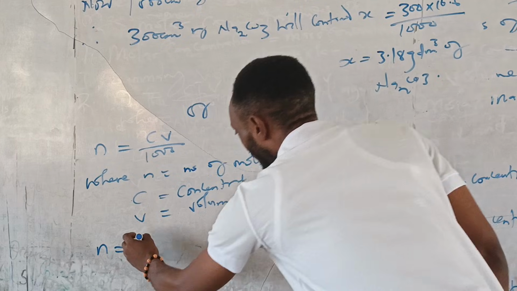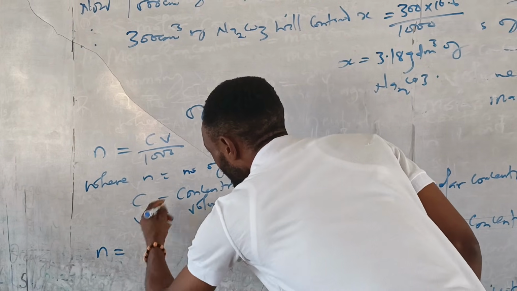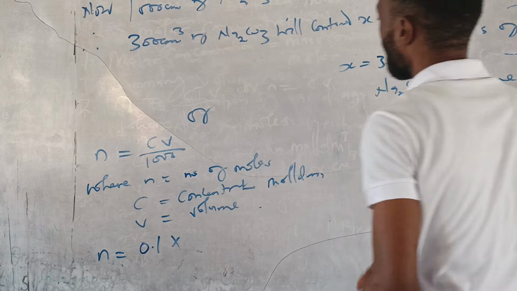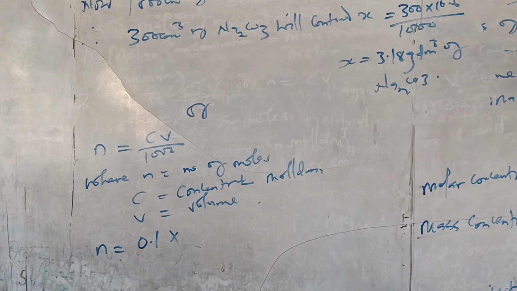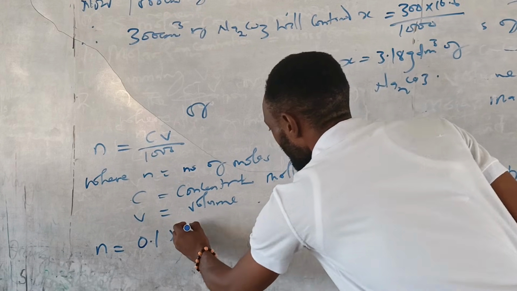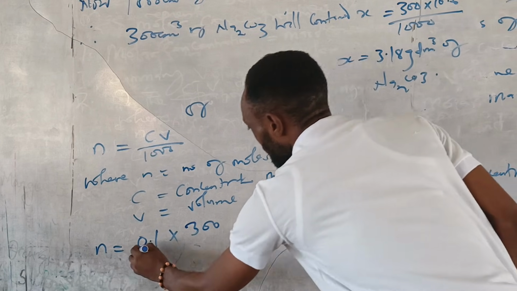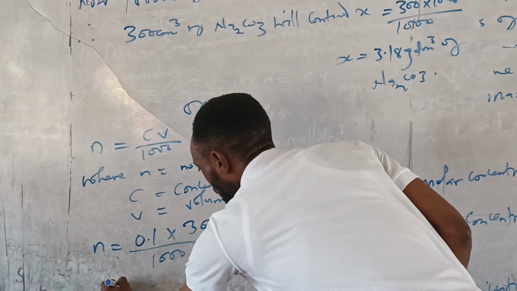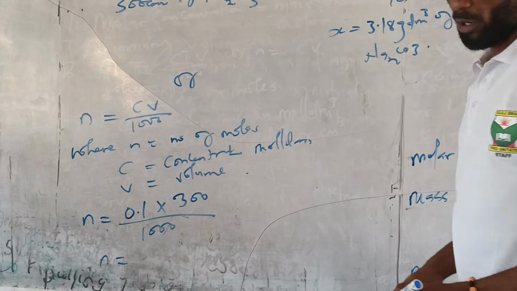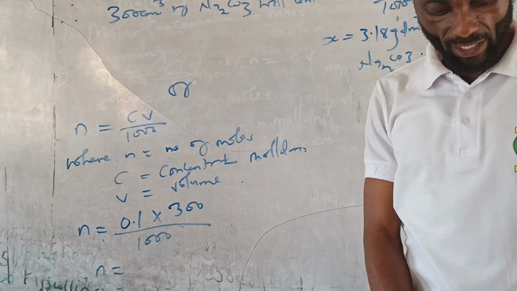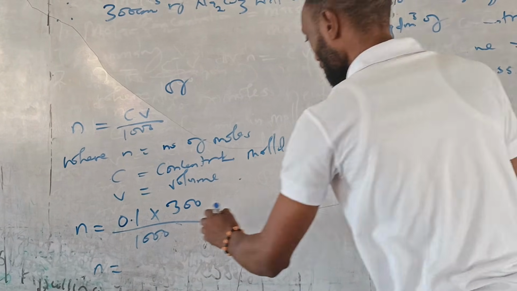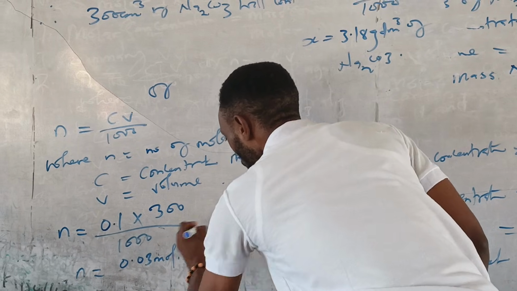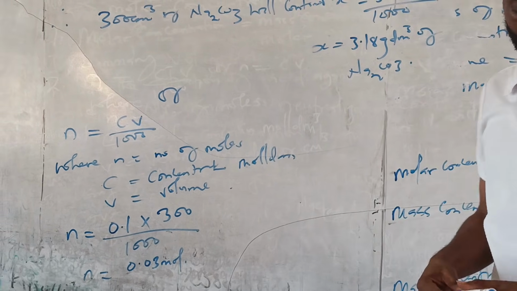So therefore, n equals 0.1 multiplied by the volume, which is given to us as 300 cm cube. So we divide it by 1000. Therefore, our n is going to give us 0.03 mole. That is not all.